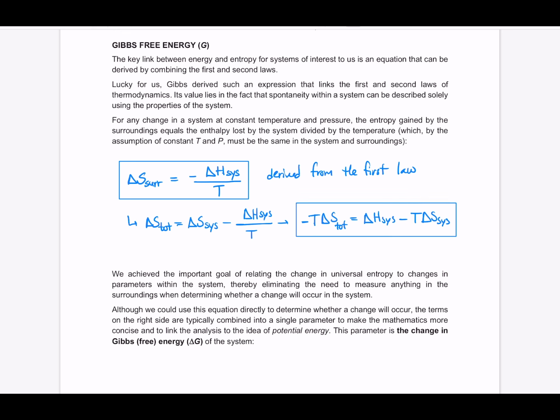The good part about this relationship is that it's all about the system. So I really don't want to measure or consider the surrounding. I'm just using the first law to derive everything based on the features of the system.